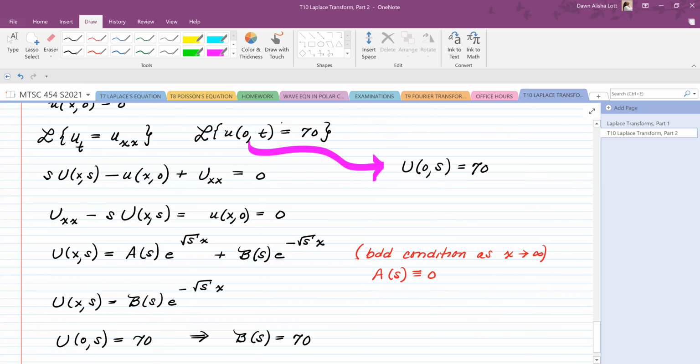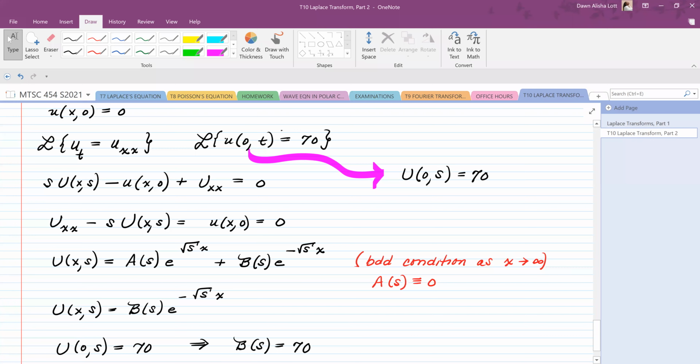When I do the Laplace transform of 70, that is 70 times the Laplace transform of 1, so that is 70 over s. Forgot my s.